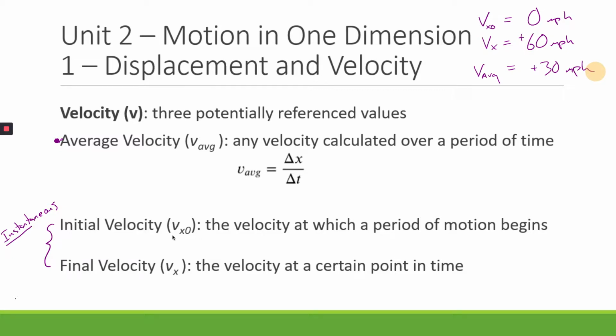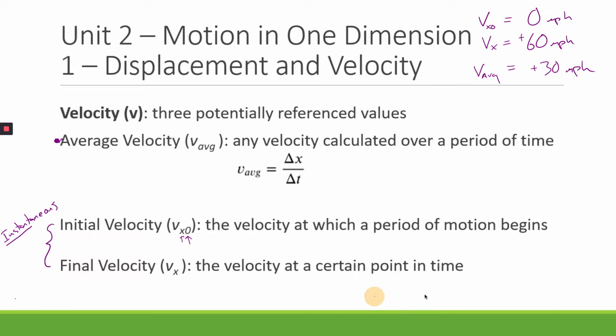But what this nomenclature means is your velocity in the x-axis at a time of 0. So that is your initial velocity. And your final velocity would just be the velocity in the x-axis at a later point in time. Okay? So that's just kind of a nomenclature thing. Vxo is initial velocity. That's velocity x at a time of 0. And Vx is final velocity.